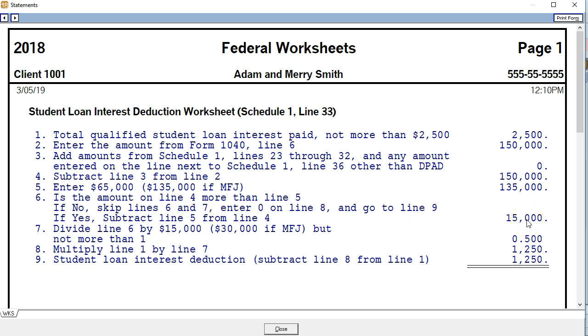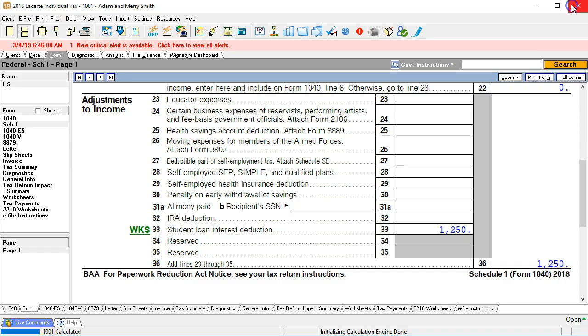We've got 15,000, and then divide line 6 by 15,000, or 30,000 if married filing joint. We are married filing joint, so we're using the 30,000, and that's going to give us that 0.5. Then multiply line 1 by line 7, which is 1,250. And finally, student loan interest deduction: subtract line 8 from line 1. We get the 1,250. So that's going to be our limit.